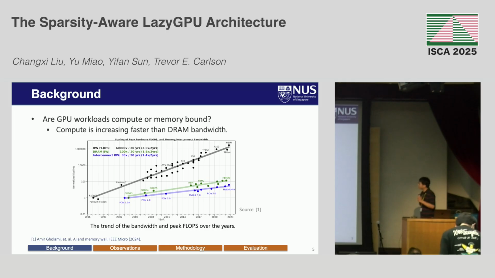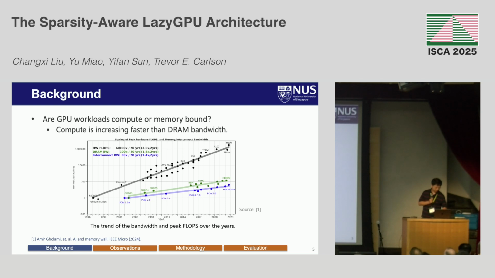If we see the trend, we can find that especially after the introduction of the Tensor Core, the computing capability is rapidly increasing, but memory can't keep pace with that.